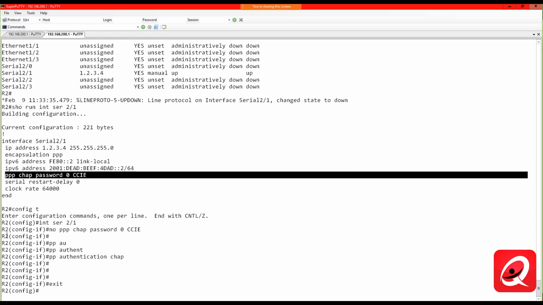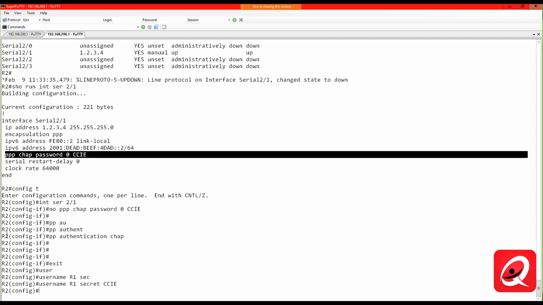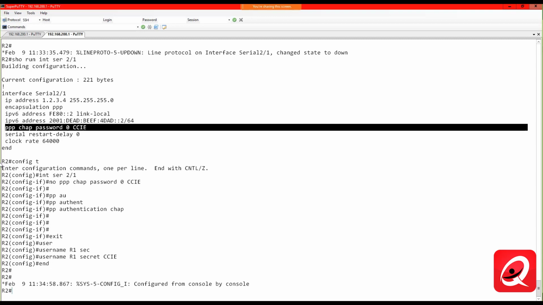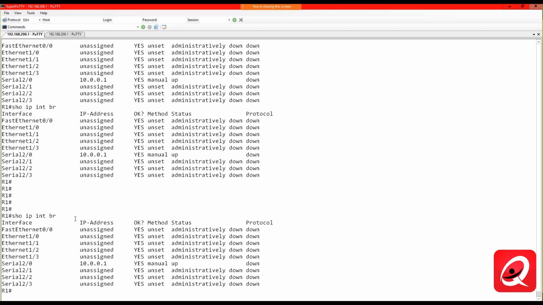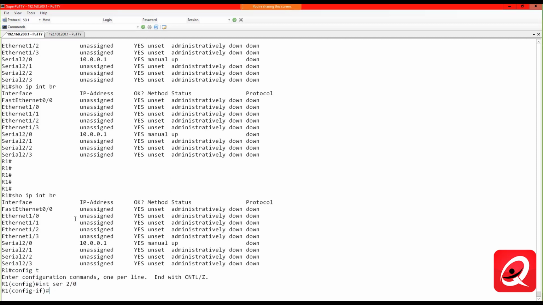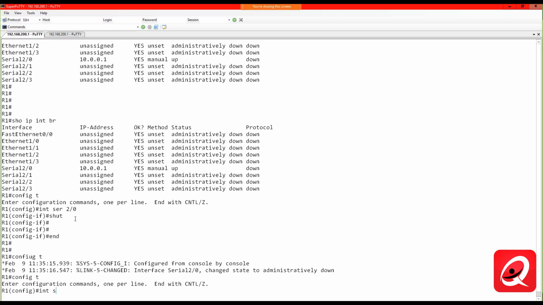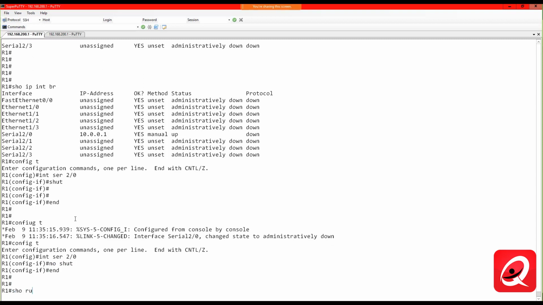So I'm going to go into global mode and specify a username of R1 with a secret of CCIE. I've already done this on the other side of the link, a username of R2 with a secret password of CCIE. And what I should see, let me go ahead and shut it down again, is that the authentication should work in this case.